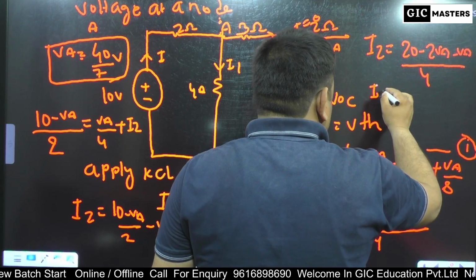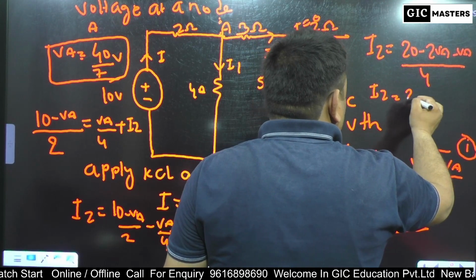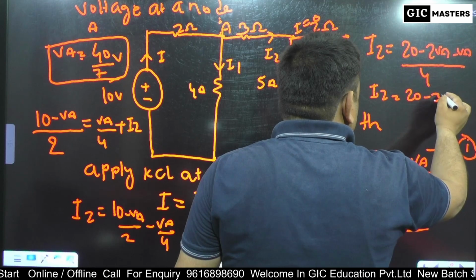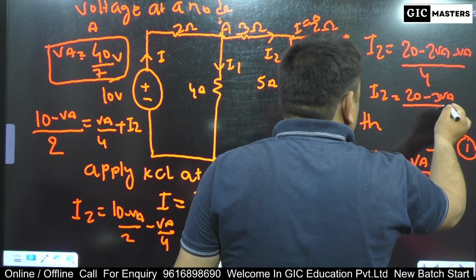So I2 equals (20 minus 2VA minus VA) divided by 4. So I2 equals (20 minus 3VA) upon 4.